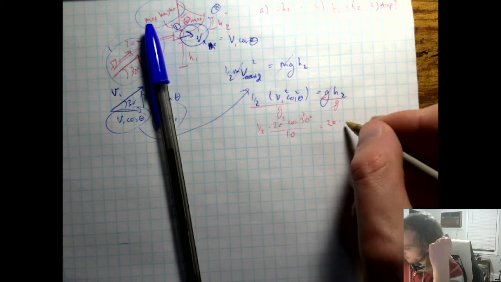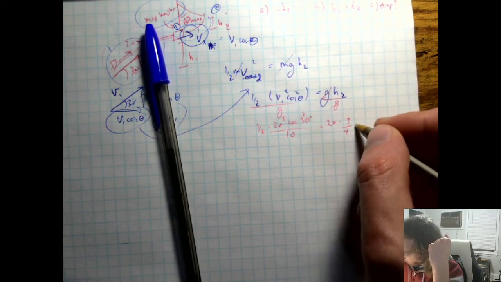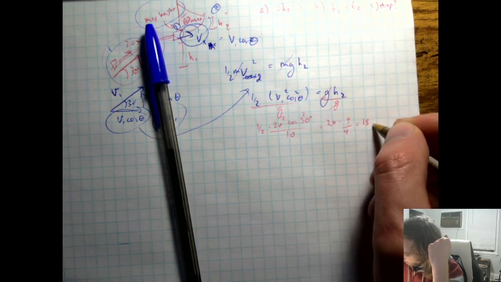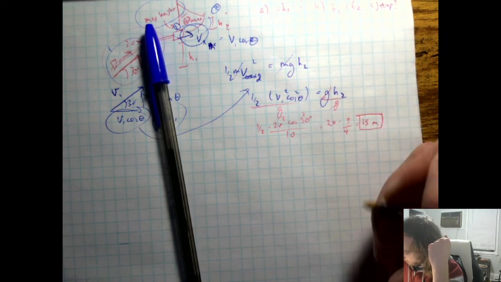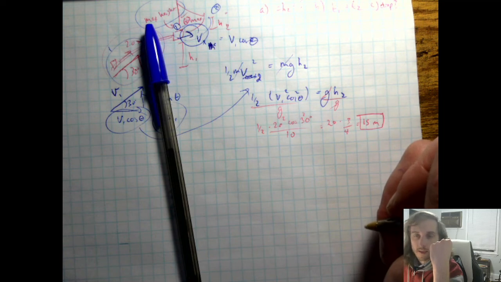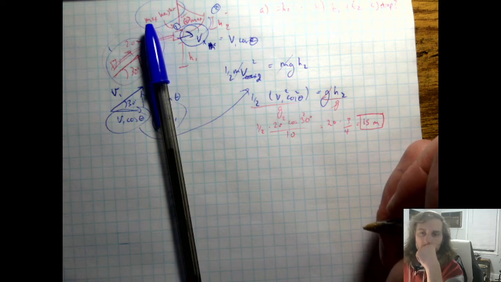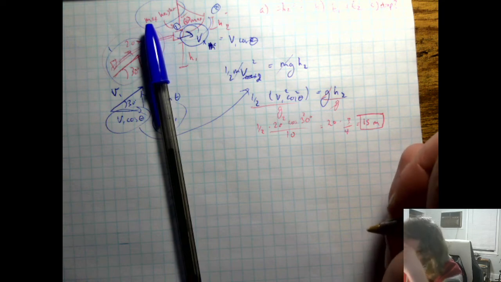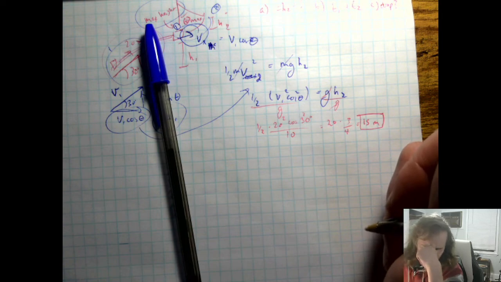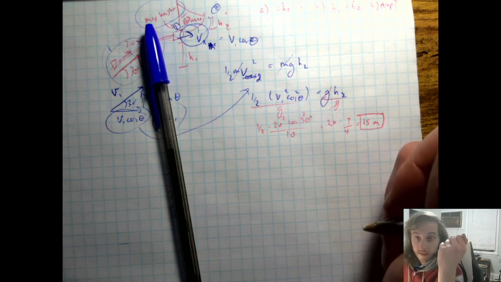So root 3 over 2 squared is going to be 3 over 4, which is 15 meters. No, that makes sense. Yeah, this person will wind up going, yeah. So that's their final height.